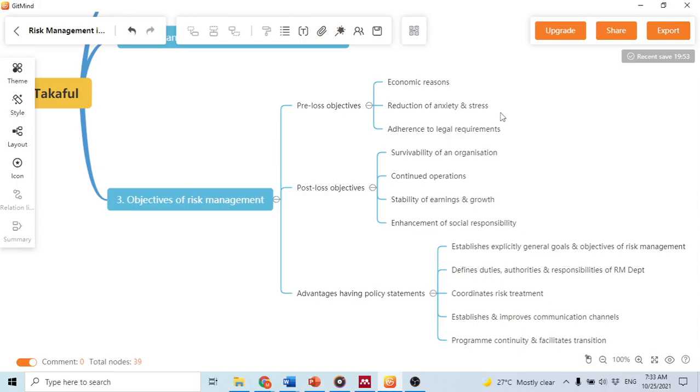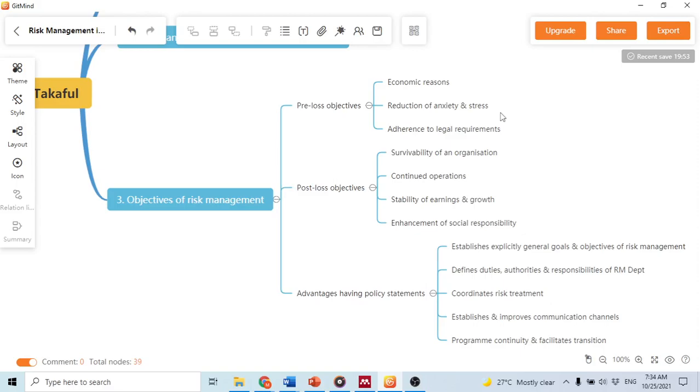So that's why the company should also focus on how to reduce the anxiety and stress problem related to its employees. In addition, if the business entity involves customers, they should also think about customer relationship program activities.